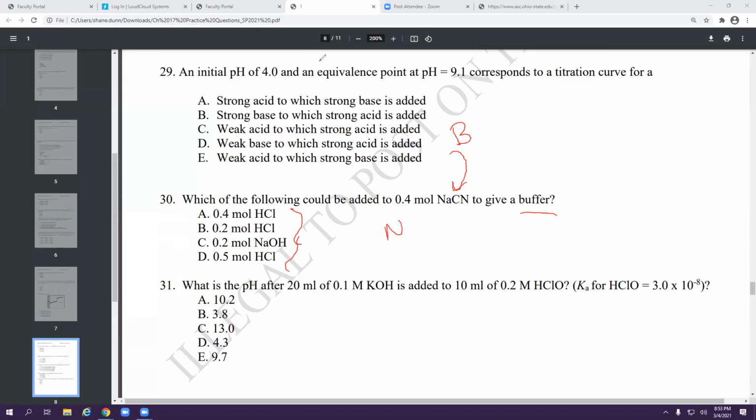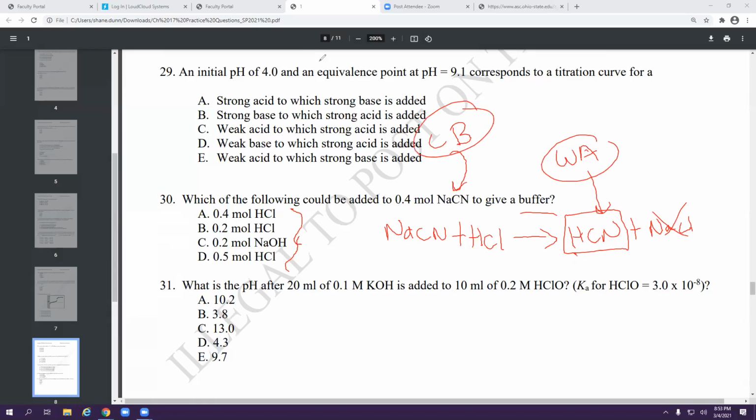So when NaCN plus HCl react to each other, what do I get? I get HCN plus NaCl, which I don't care about. Care about this guy. That guy right there, is that a strong or weak acid? It's a weak acid, right? So a weak acid and a conjugate base.